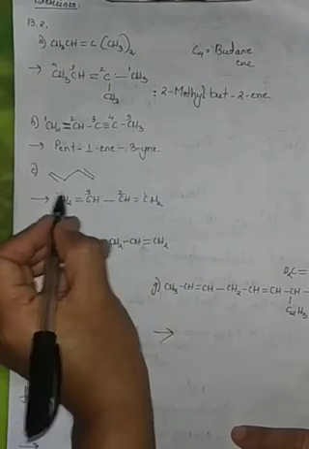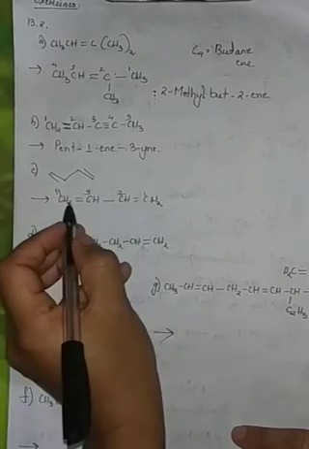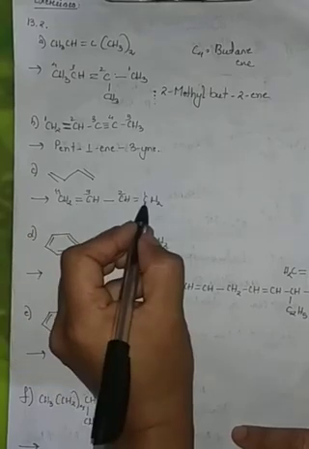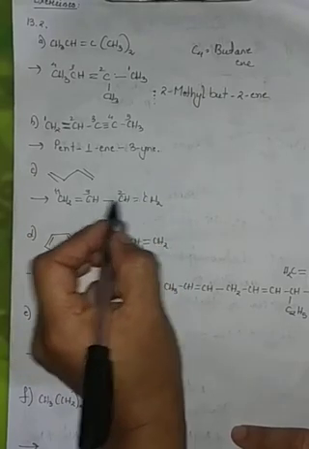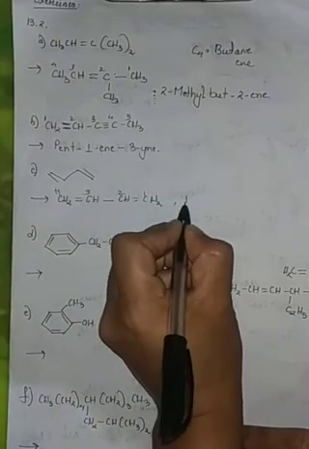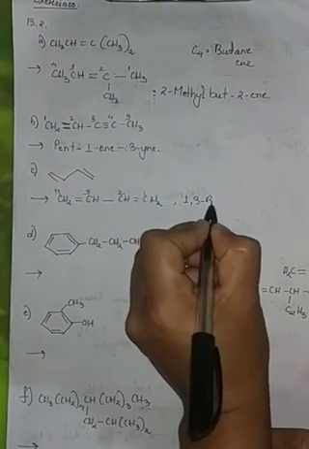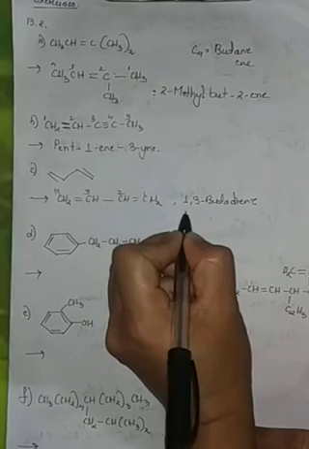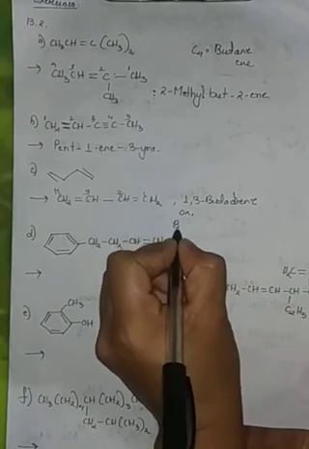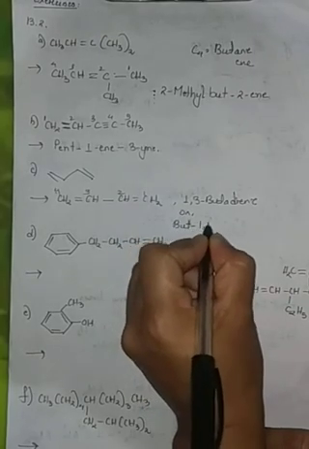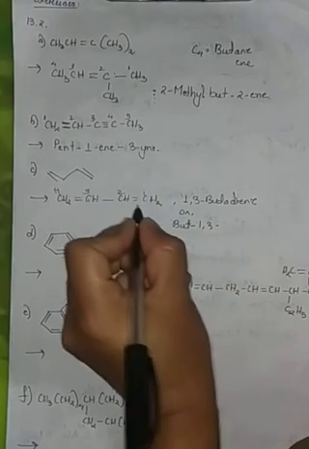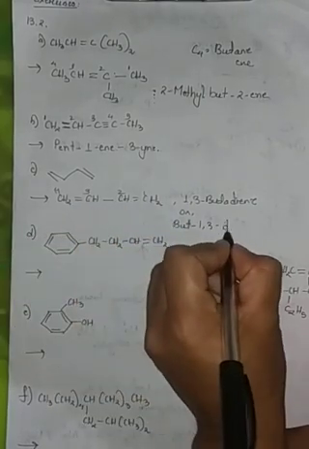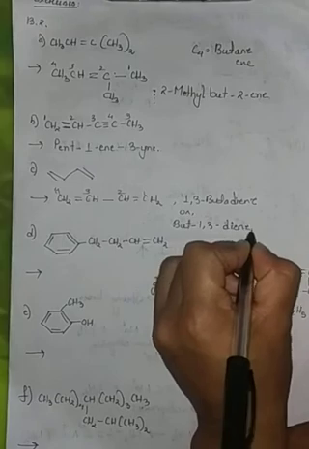So let's start 1, 2, 3 and 4. 4 carbon atoms is known as butane. The double bonds are in carbon number 1 and carbon number 3. Therefore the name would be 1,3-butadiene, or you can give the name as but-1,3. There are 2 double bonds, therefore this would be named as diene.